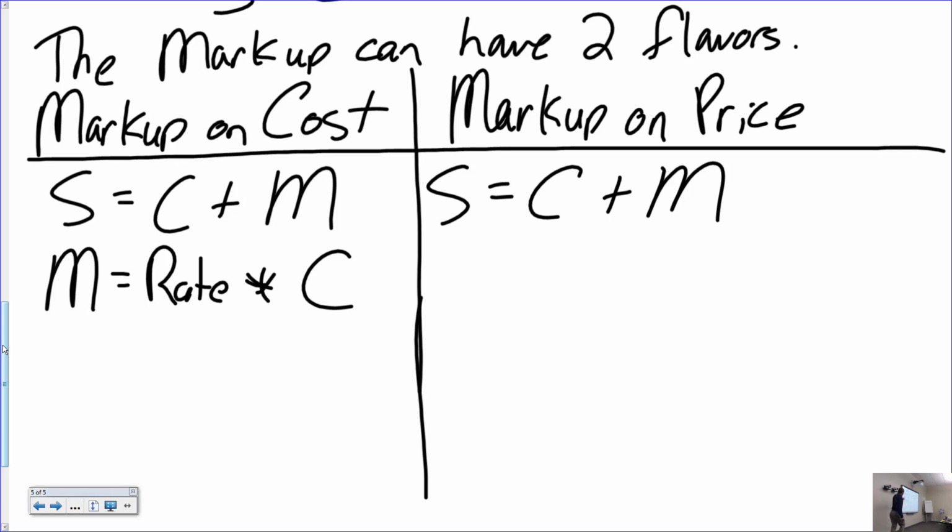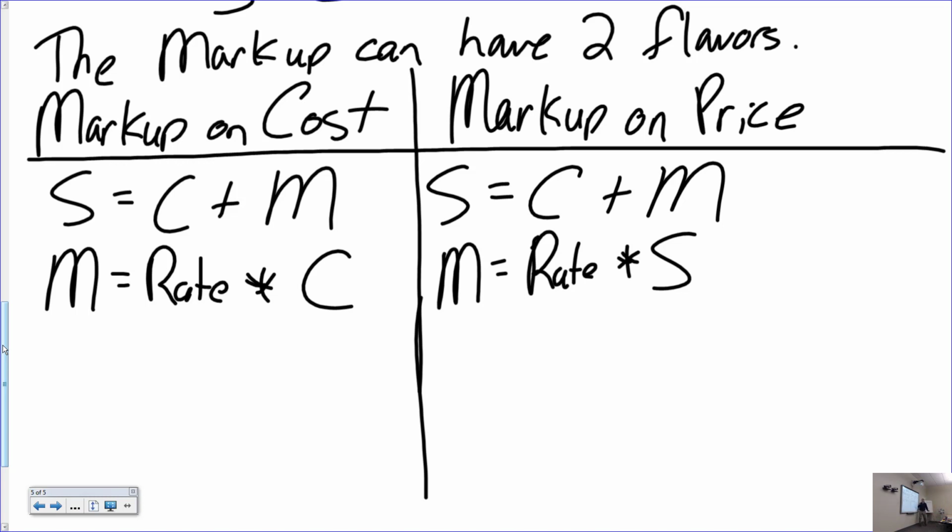But again, this is the percentage markup on cost. The only way that this problem changes, right? This is when you mark up on cost. Guess what I'm going to do over here when it's markup on price? How am I going to define my markup? Yeah, rate times price. In this case, S, right? Otherwise, everything else is exactly the same, right? It's just a matter of how you want to define what your percentage is based on.